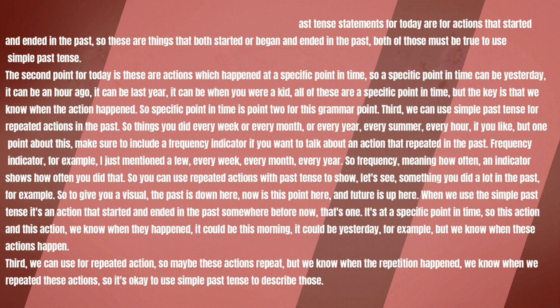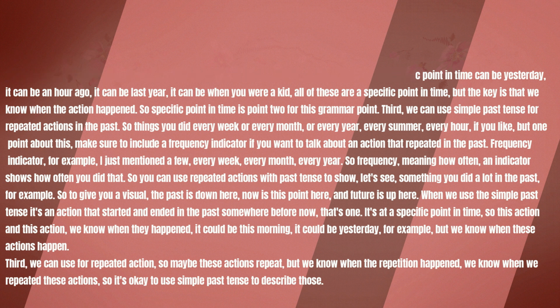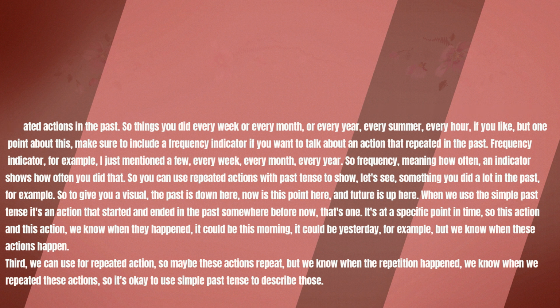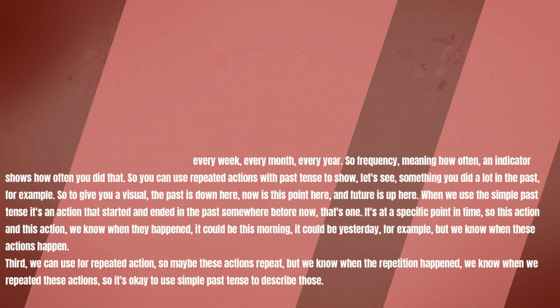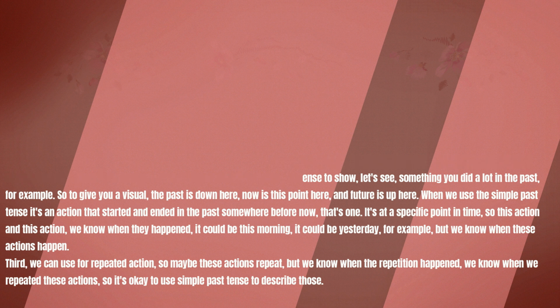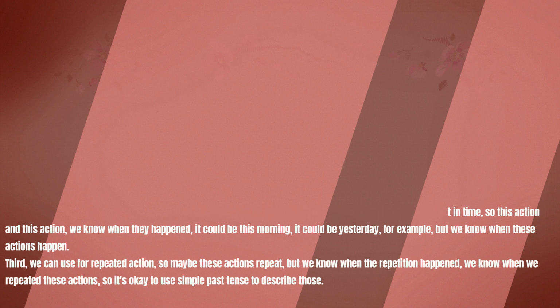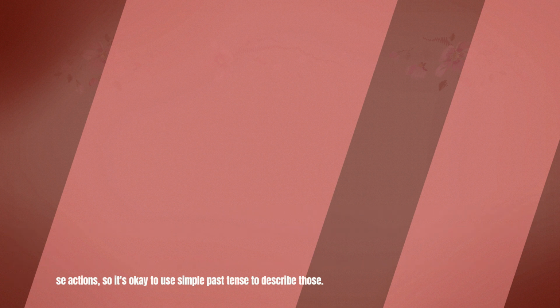It could be this morning, it could be yesterday, for example, but we know when these actions happened. Third, we can use it for repeated actions, so maybe these actions repeat, but we know when the repetition happened. We know when we repeated these actions, so it's okay to use simple past tense to describe those.